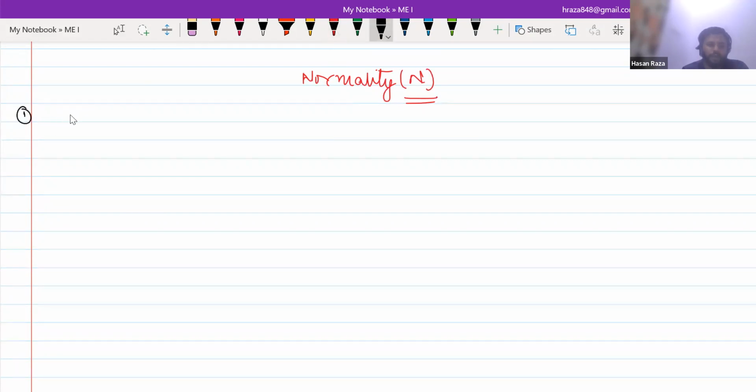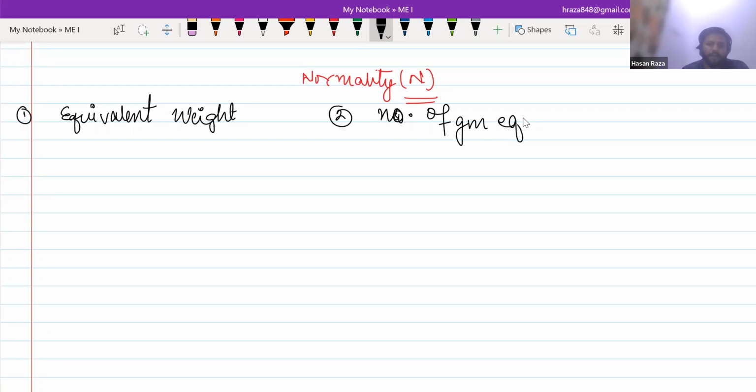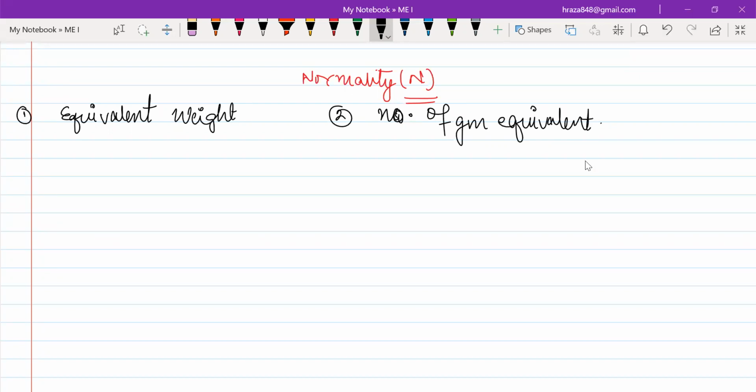The first one is equivalent, and the second one is number of gram equivalent. We are going to discuss one by one. Please do write.